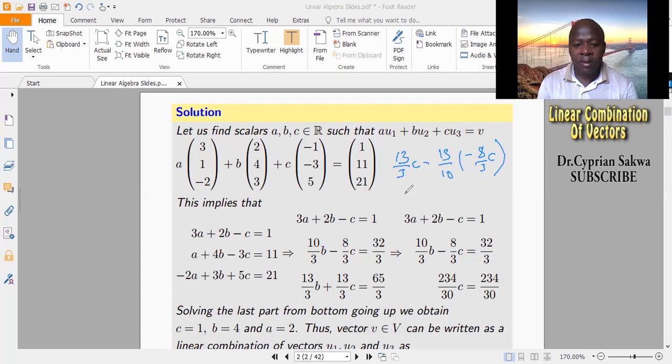Or I can even simplify. 2 goes here 4, no, 5, and here 4. So that I have 13 over 3c. This minus term, that minus will be positive. And this will be 52 over 15 c.